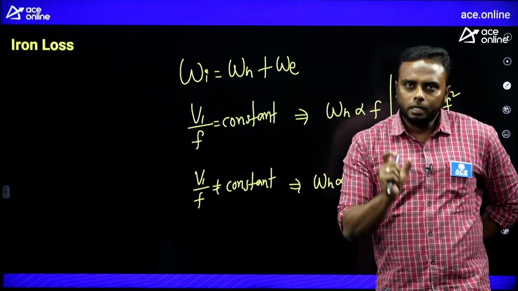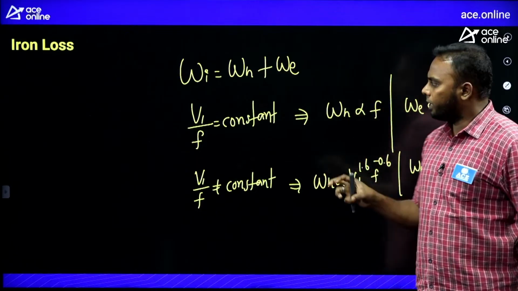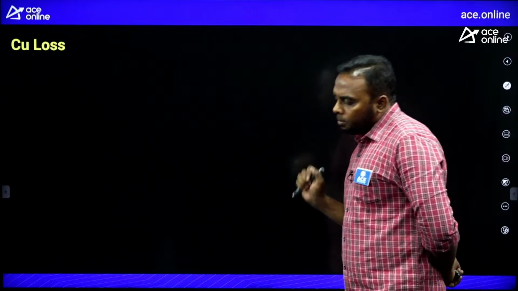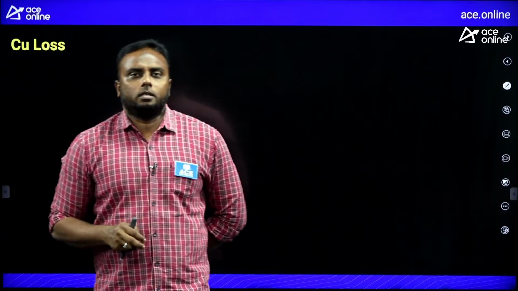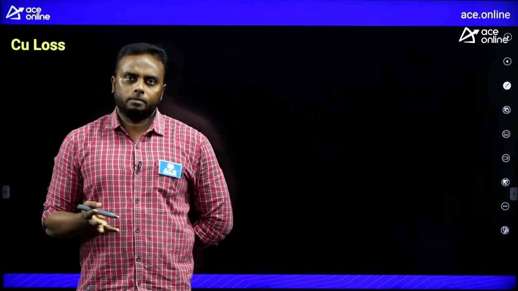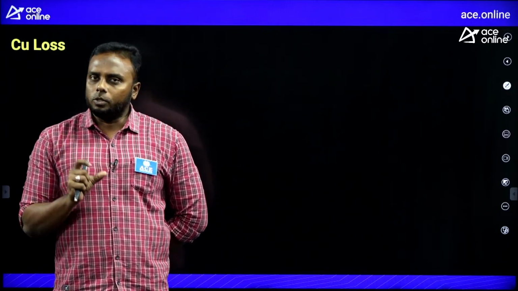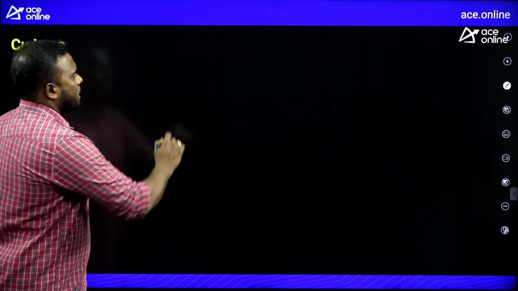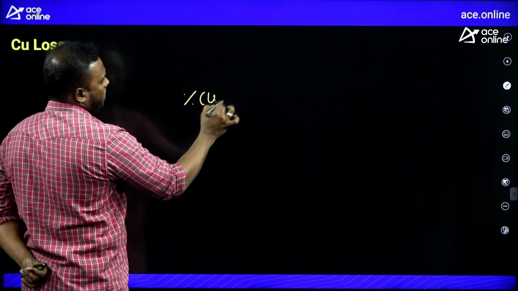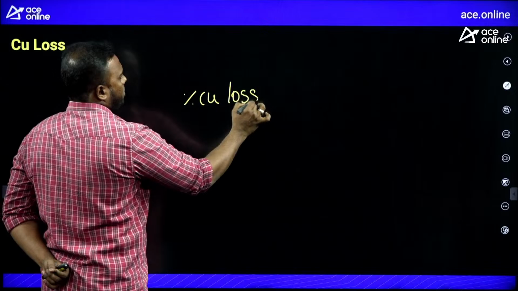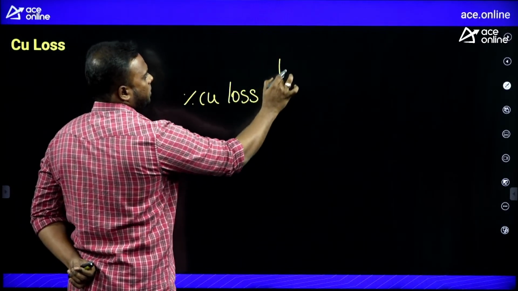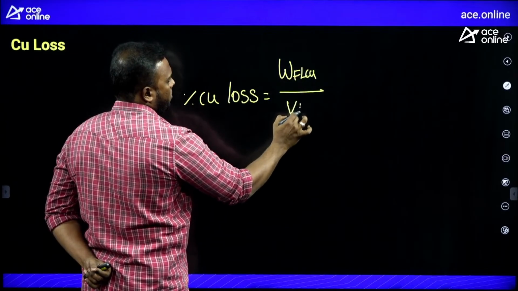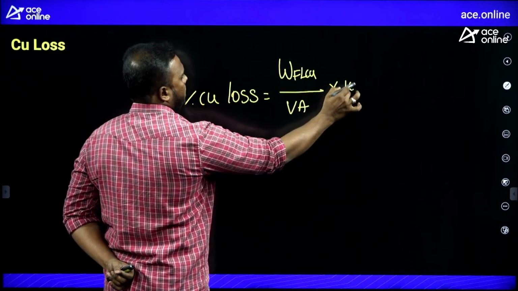So definitely either theory questions or numerical questions we can expect from this iron loss topic. Next, copper loss. Copper loss is an I square R loss. But sometimes we have some numericals in terms of percentage copper loss. What is the percentage copper loss? Percentage copper loss is nothing but the ratio of full load copper loss divided by volt ampere rating, into 100 percentage.